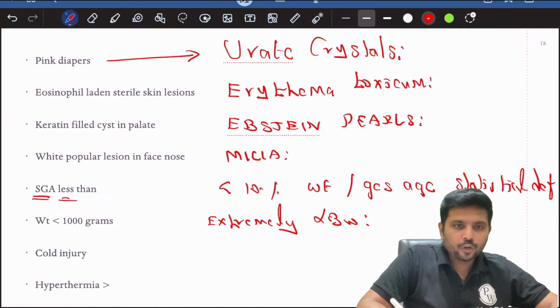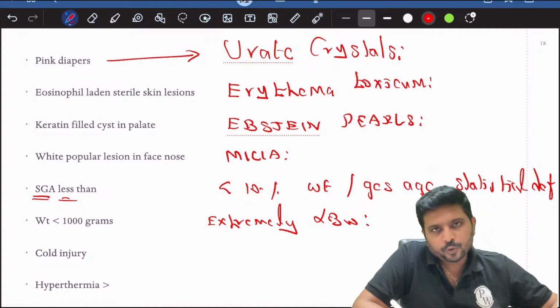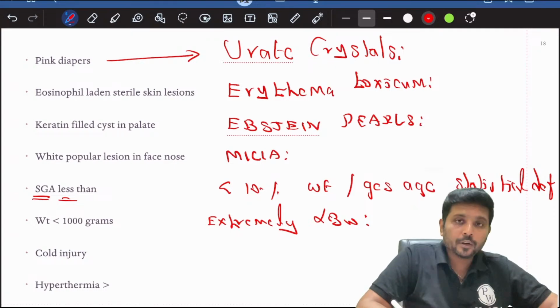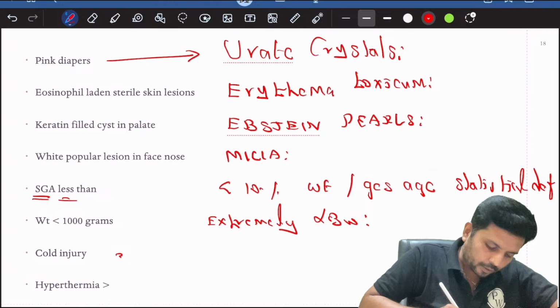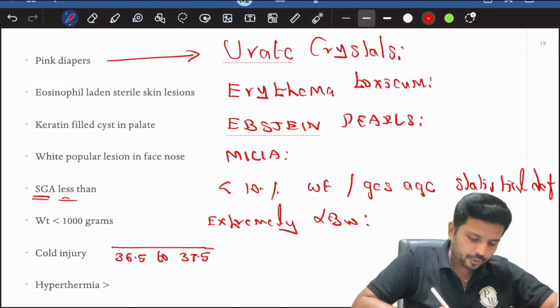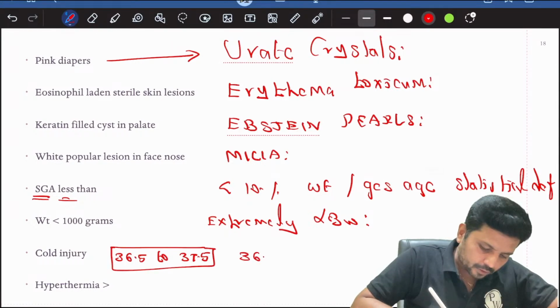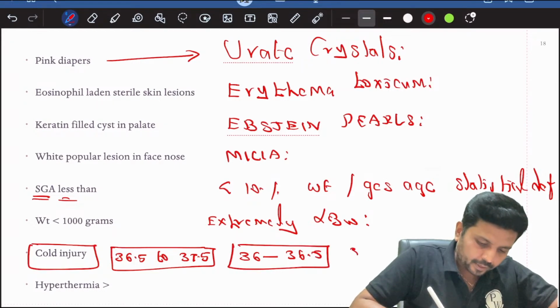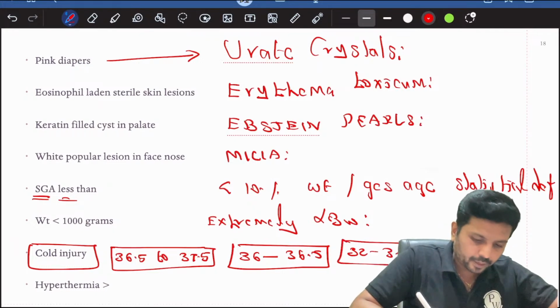What do you mean by cold injury? You all know, what is the normal newborn temperature? Normal newborn temperature is 36.5 to 37.5 degree Celsius. So 36 to 36.5 is cold injury, whereas 32 to 36 is moderate hypothermia.